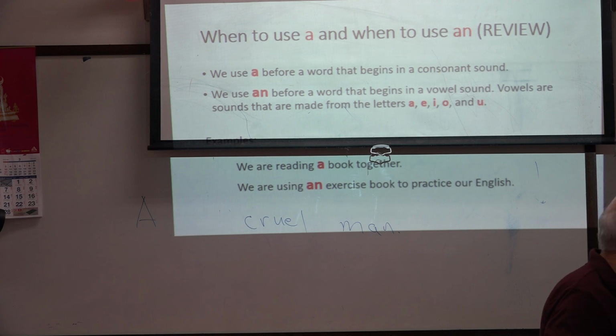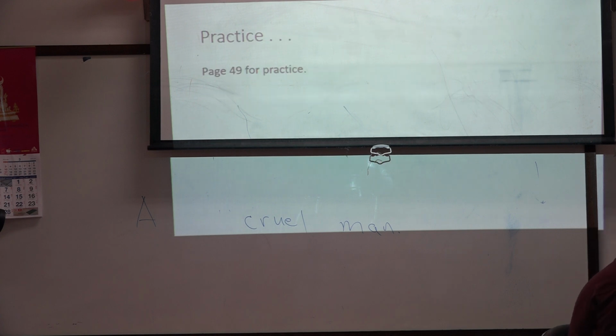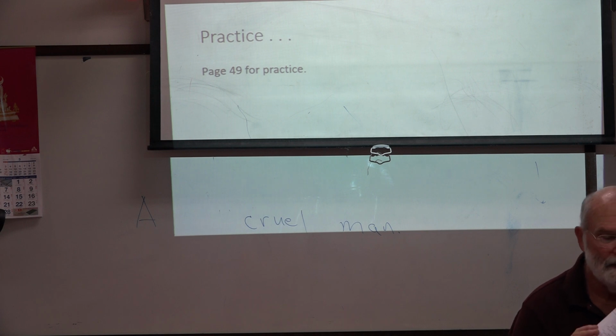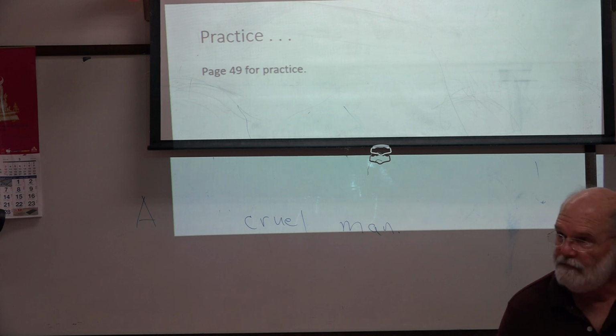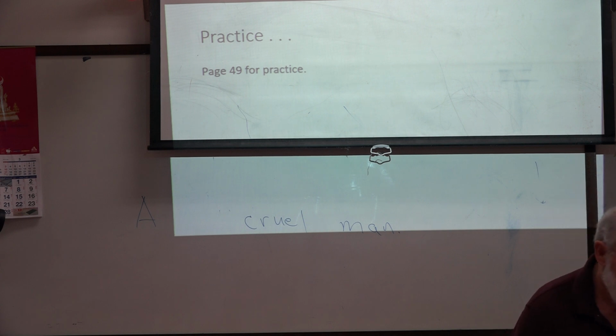Let's see, my book. I've got one. Okay. So we're going to go to page 49. Page 49. I'll do the first one. Everybody on page 49? The first one. Okay, help me figure this out.